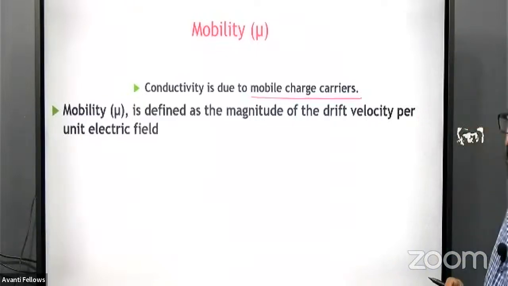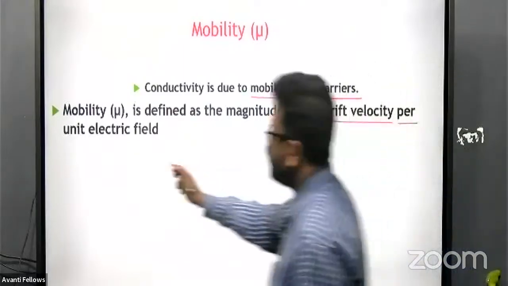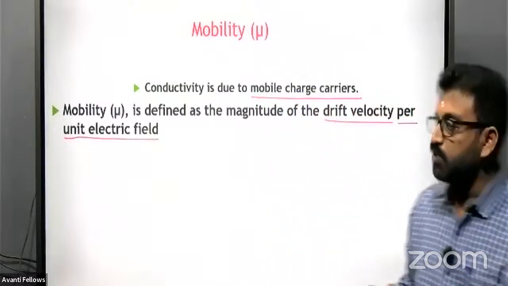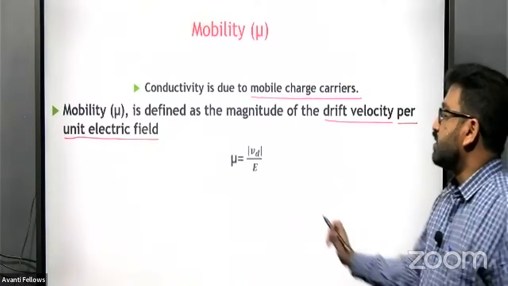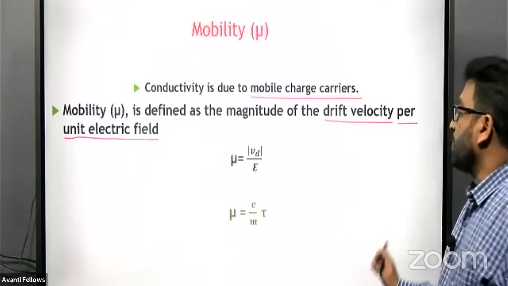Mobility of these charge carriers is defined as the magnitude of drift velocity per unit electric field. Drift velocity per unit electric field is called mobility, or drift mobility.